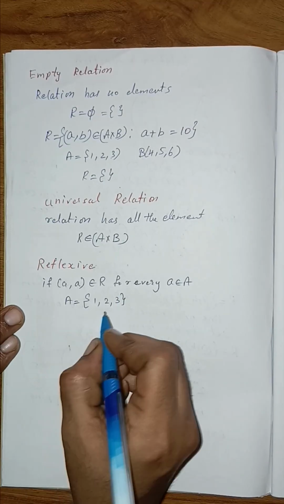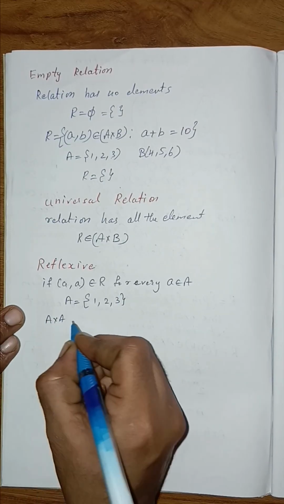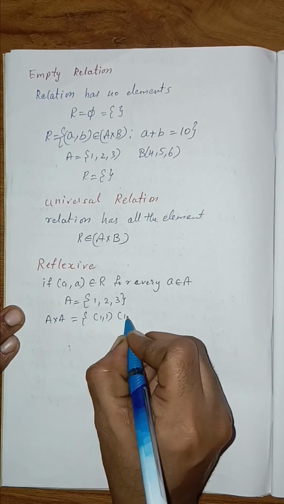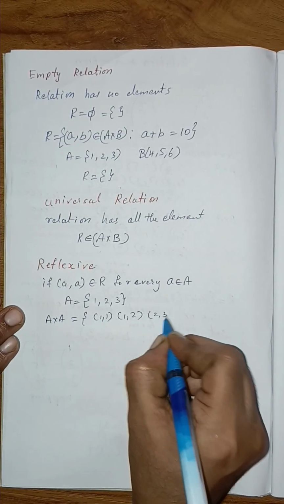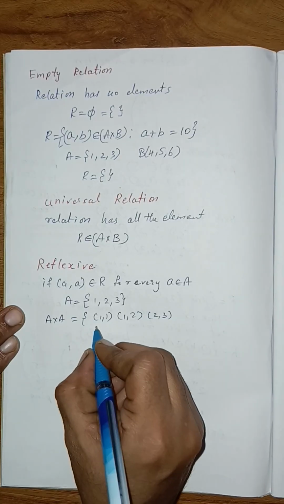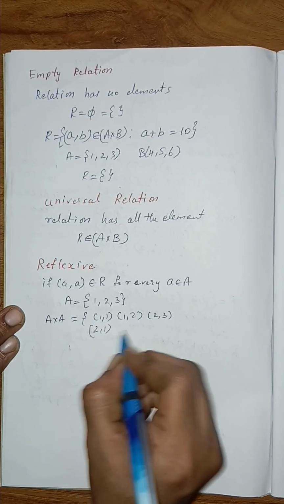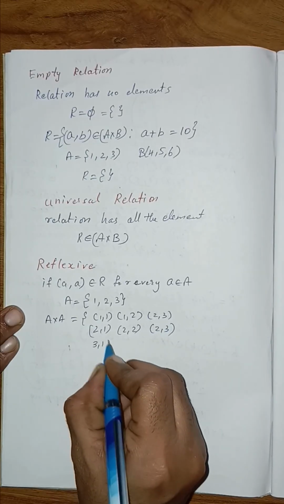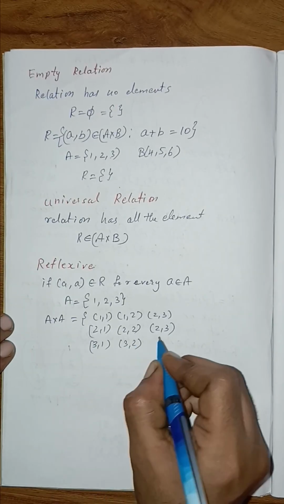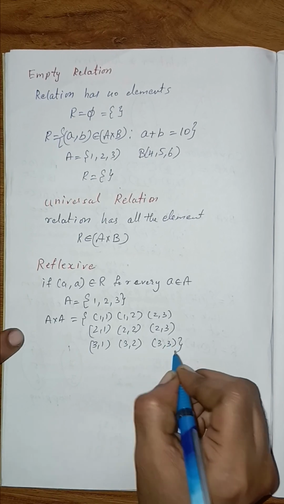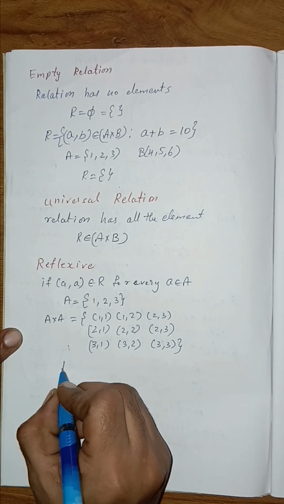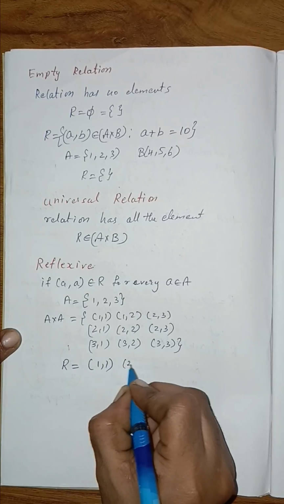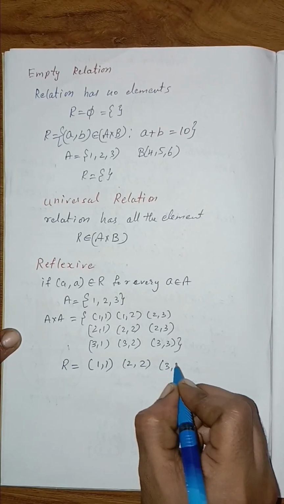Then A cross A is 1 comma 1, 1 comma 2, 1 comma 3, 2 comma 1, 2 comma 2, 2 comma 3, 3 comma 1, 3 comma 2, 3 comma 3. In this we take a relation R equal to 1 comma 1, 2 comma 2 and 3 comma 3.